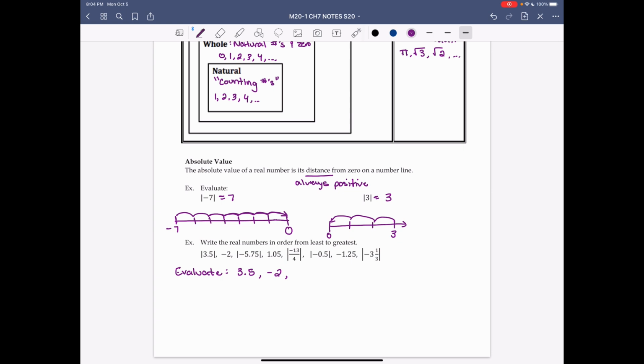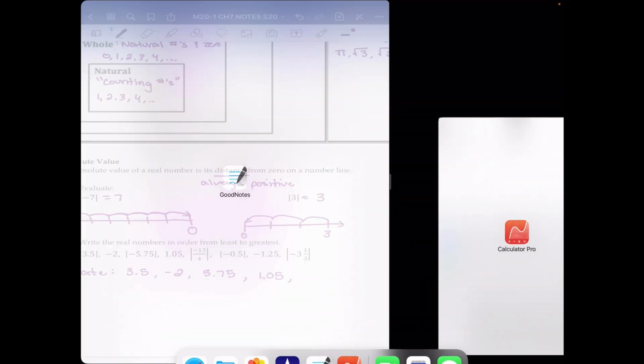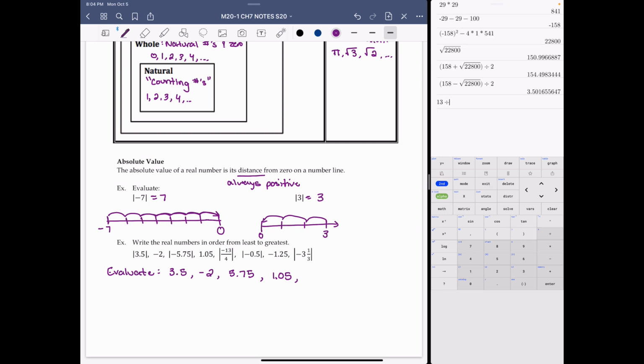Then we have the absolute value of negative 5.75. The absolute value of negative 5.75 would be how far that is away from 0, which would be 5.75. Then we have 1.05. Then we have the absolute value of negative 13 over 4, which would be positive 13 over 4. Let's figure out what that is as a decimal. 13 divided by 4, we get 3.25.